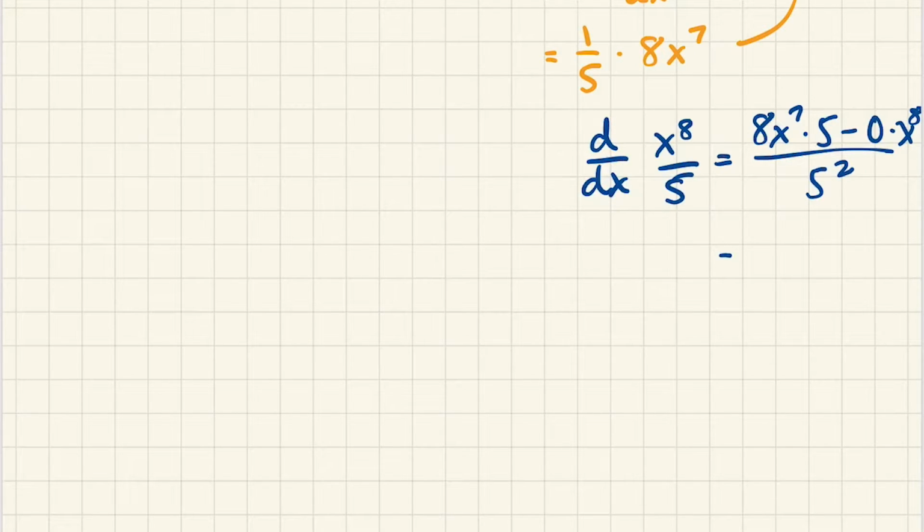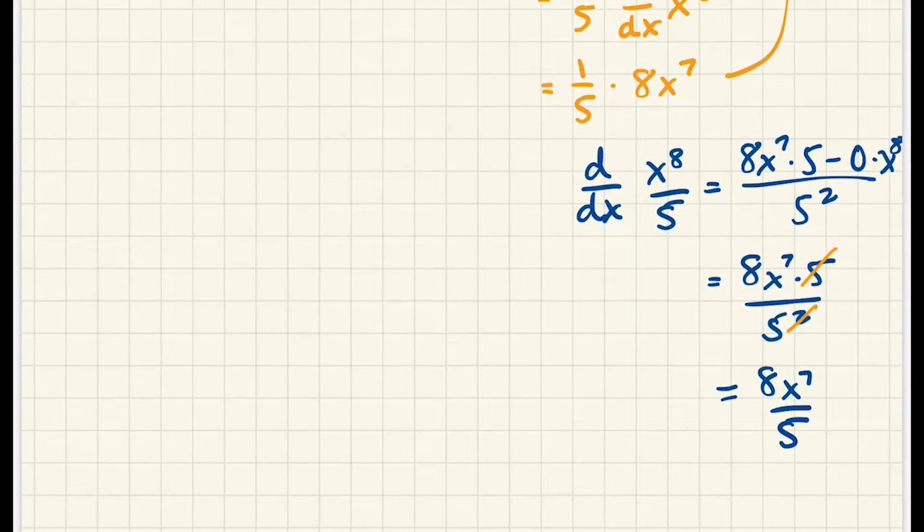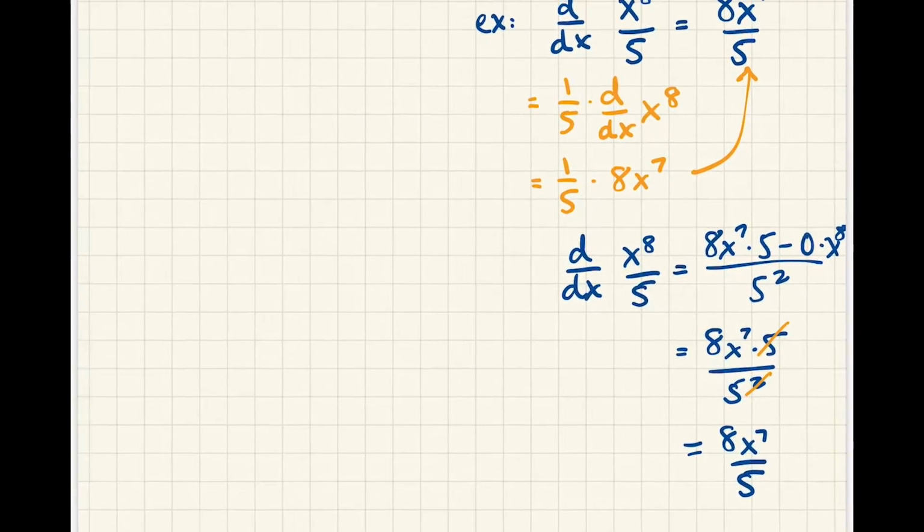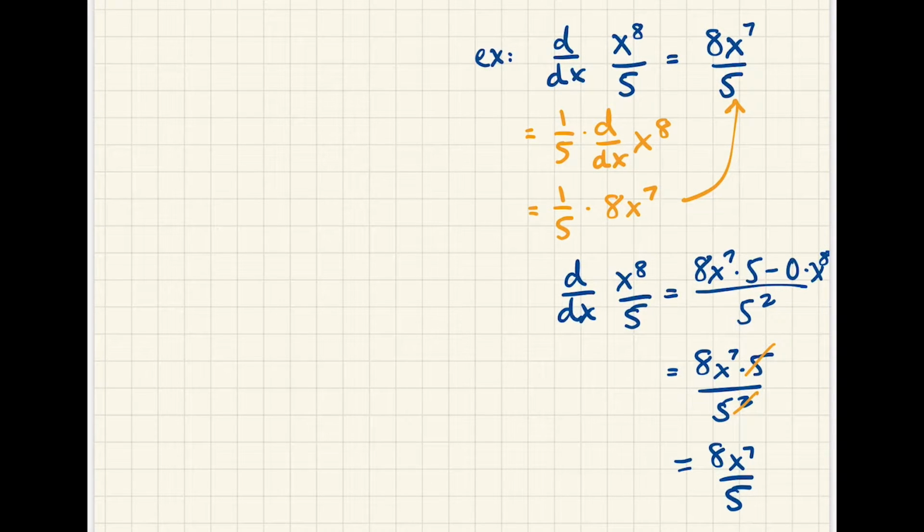What we would get here is 8x to the 7 times 5 over 5 squared, and the 5 and a factor of 5 below would cancel, giving us, of course, 8x to the 7 over 5. So we actually did use the quotient rule. It would just be totally unnecessary in this situation.